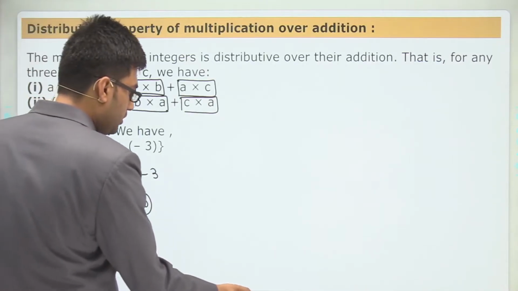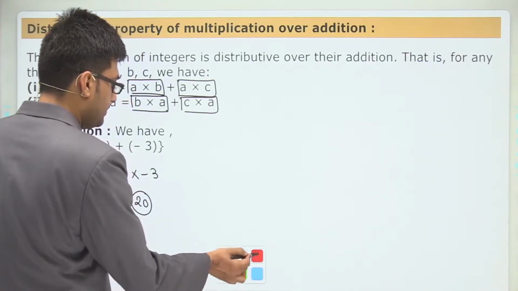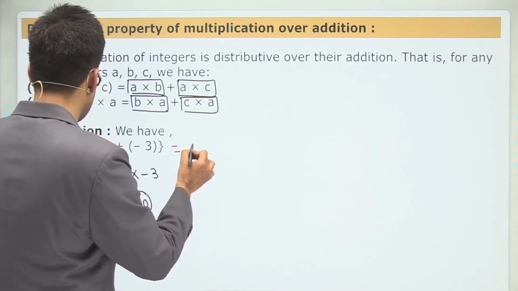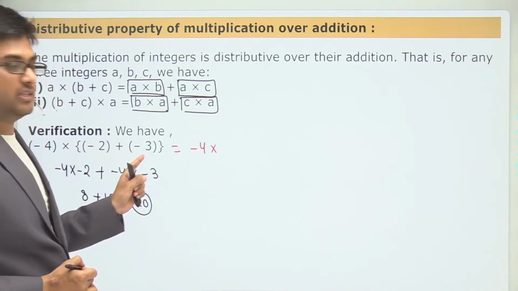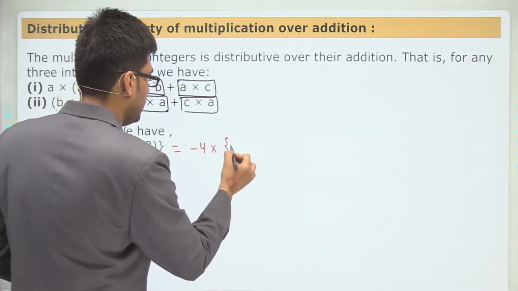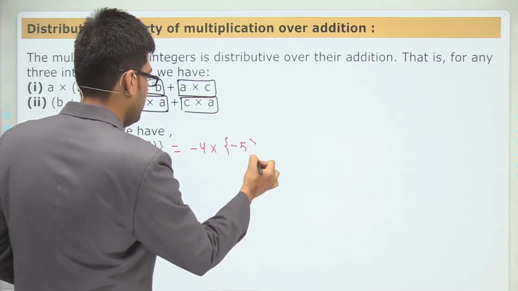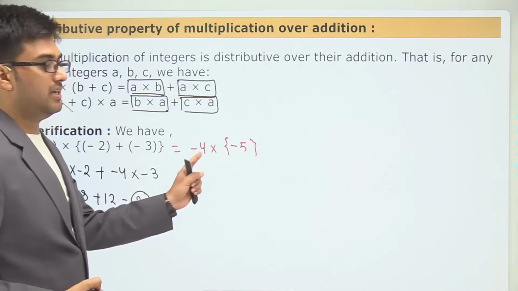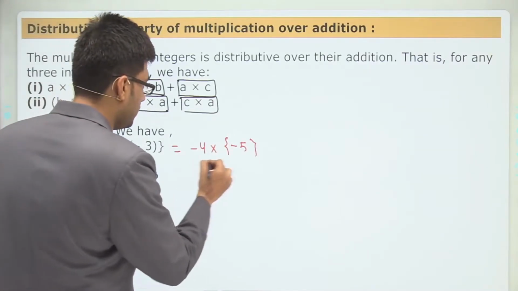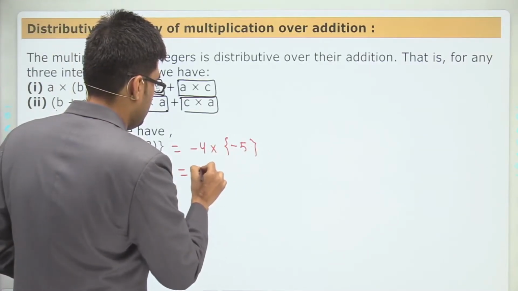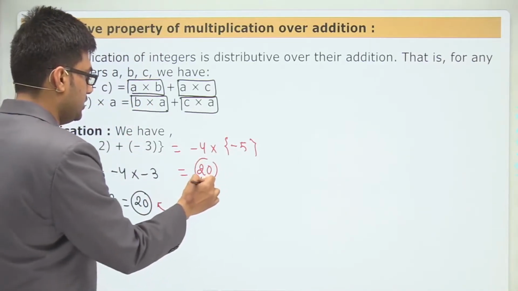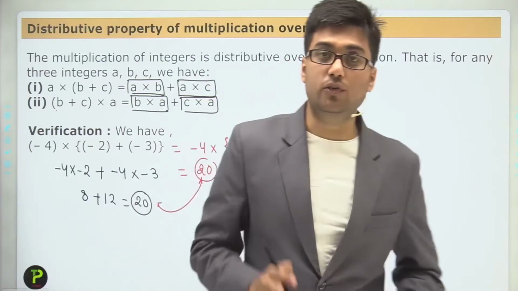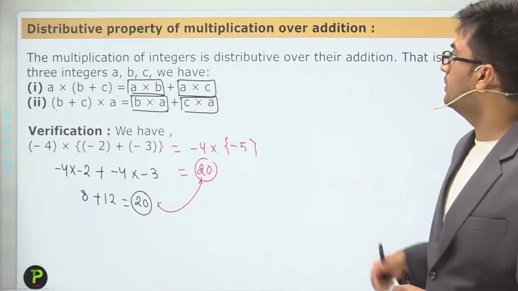And if we solve it the other way, minus 4 multiplied by (minus 2 plus minus 3), that is minus 4 multiplied by minus 5, which is equal to 20. So both are equal. This is the distributive property over addition.